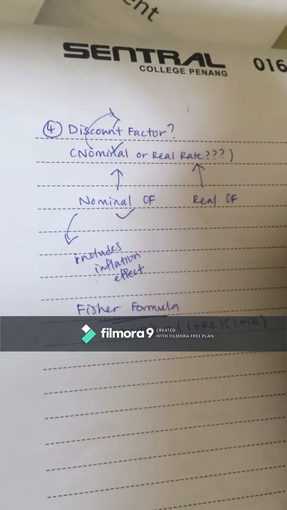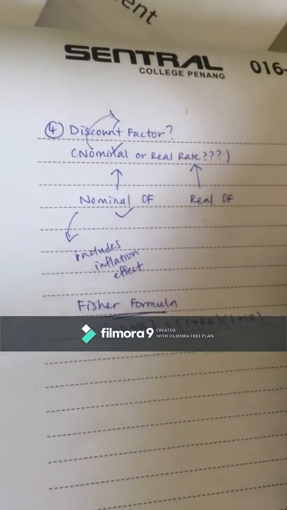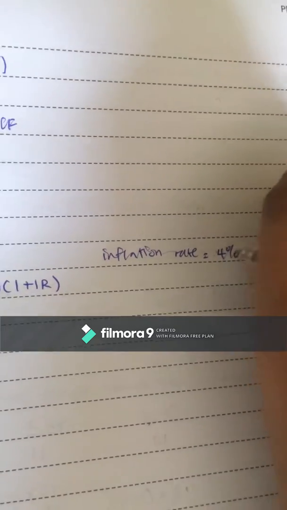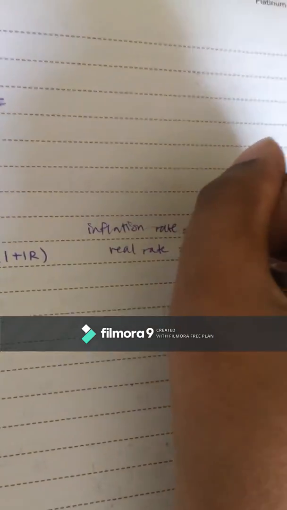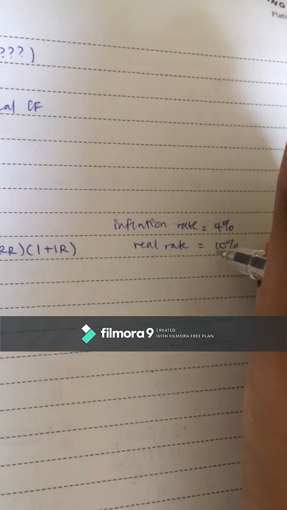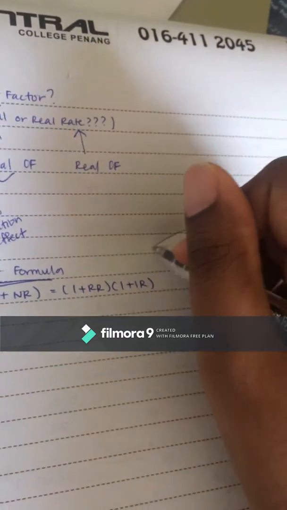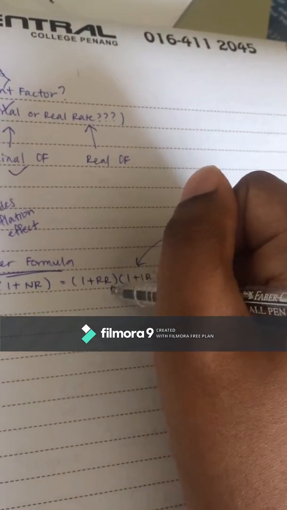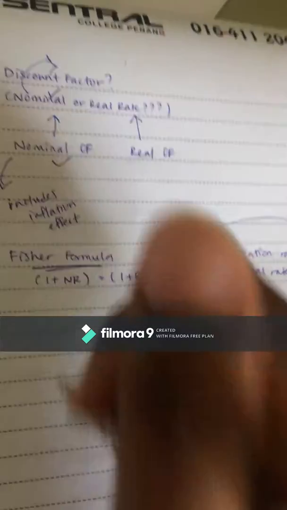So let's say the question tells you the inflation rate is 4% and the real rate given is 10%. Now you need to find the nominal rate. How do you do that? You just plug in the numbers into the equation.